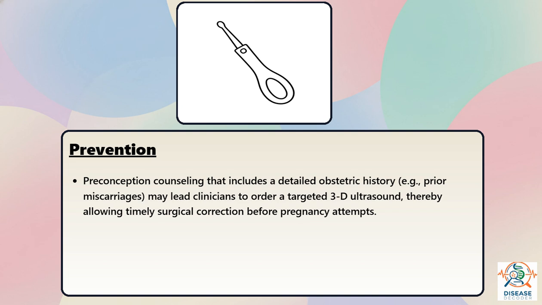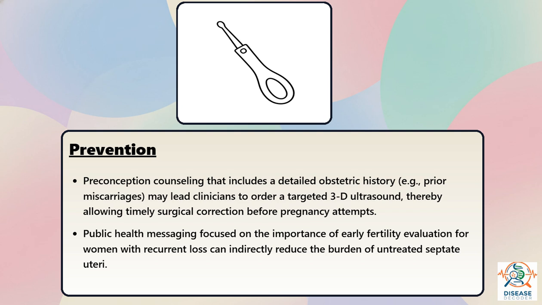Preconception counseling that includes a detailed obstetric history, for example prior miscarriages, may lead clinicians to order a targeted 3D ultrasound, thereby allowing timely surgical correction before pregnancy attempts. Public health messaging, focused on the importance of early fertility evaluation for women with recurrent loss, can indirectly reduce the burden of untreated septate uteri.